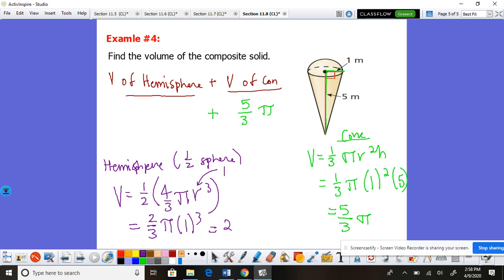So this is just 2/3 pi. When I add them both together, 2/3 pi plus 5/3 pi is just 7/3 pi, and that would be in meters.